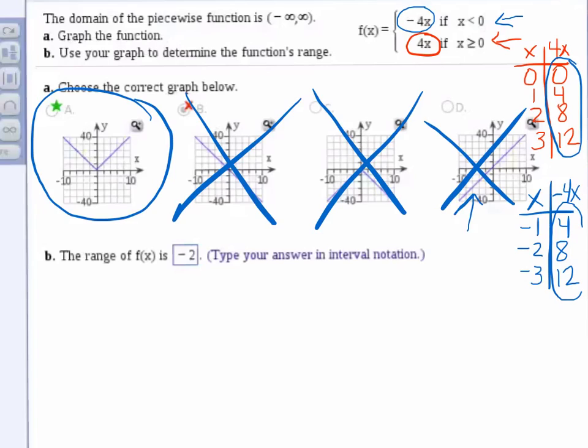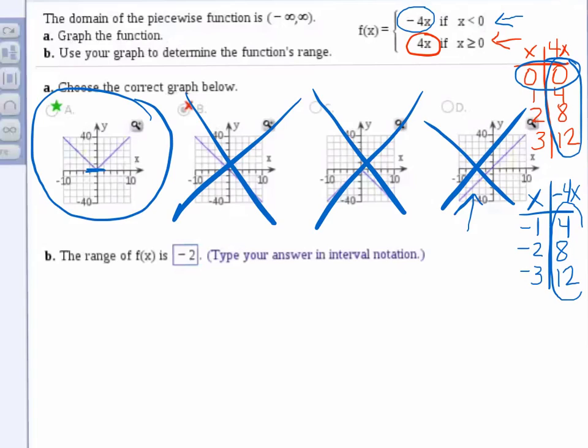The second thing we want to do on this is to find our range. We're also supposed to put this in interval notation. So, if we look at our graph, that's probably one of the easiest ways to figure out what our range is. And the lowest number that we'll get on our y-axis is 0. And we actually do get 0.